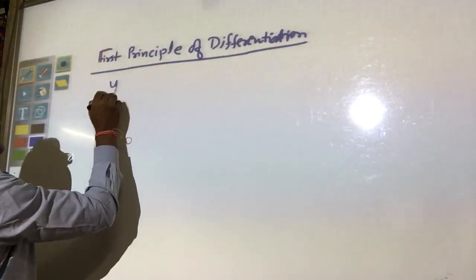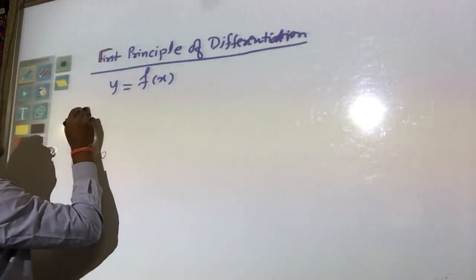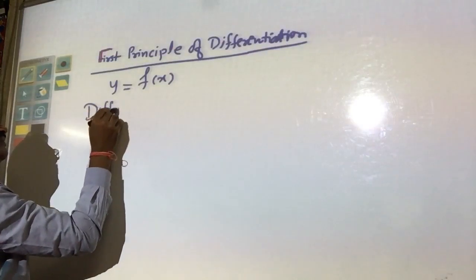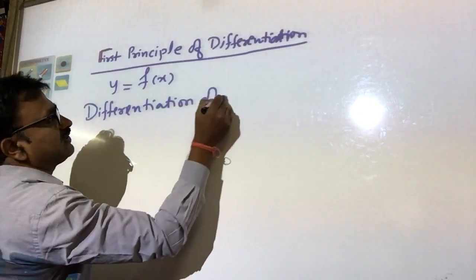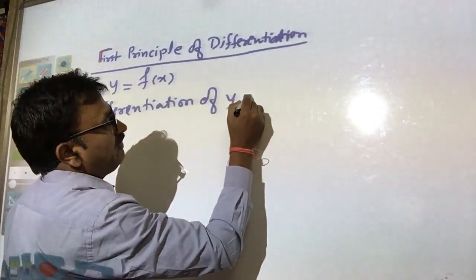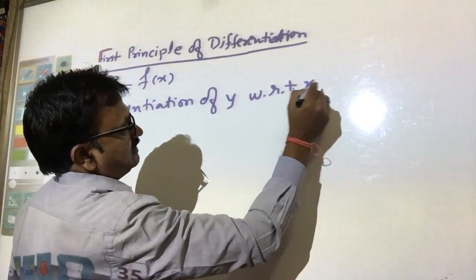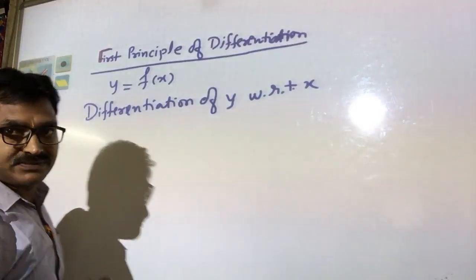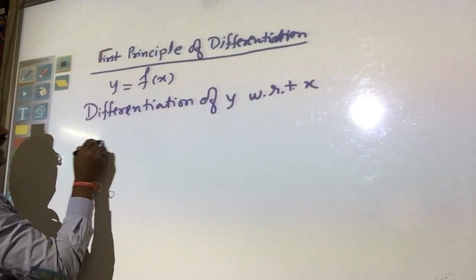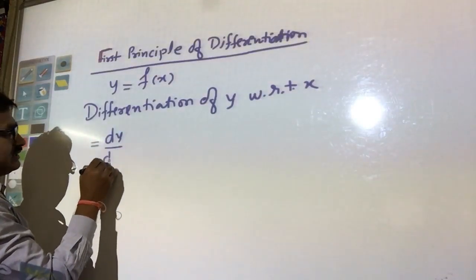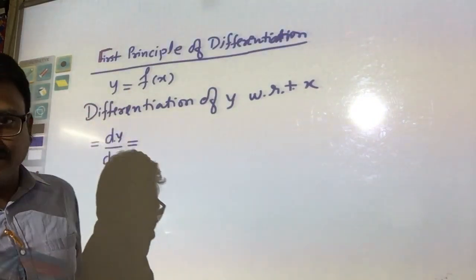Actually, if y is equal to function x, then differentiation of y, we will use WRT, with respect to x, is equal to, represented by dy by dx.